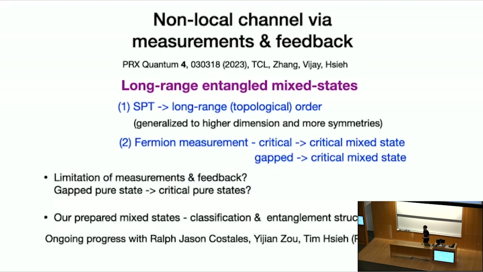Moving forward, I think it's still a very promising direction to think about the utility and the limitations of measurement feedback. Another thing is that we prepare some interesting many-body mixed states, so I guess it's a fundamental question to think about how to classify those phases of matter and how to understand the entanglement structure. So with this, let me stop here and take questions.